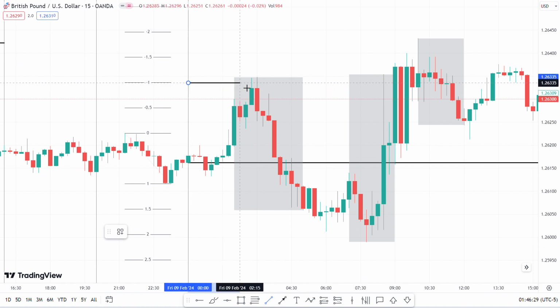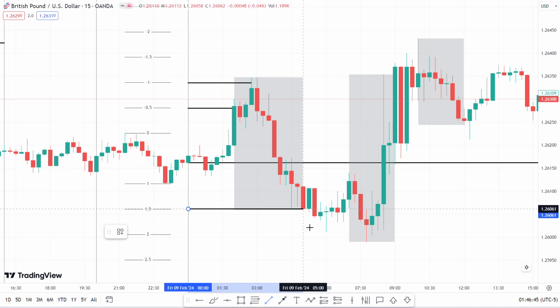Extending these levels into the time that it hit the levels. What's above the open we're using as selling points. What's below the open we're using as buying points.